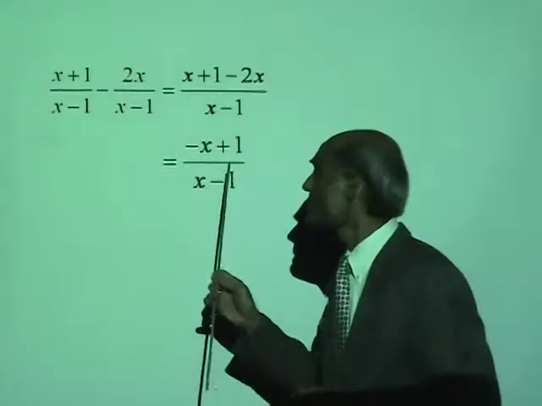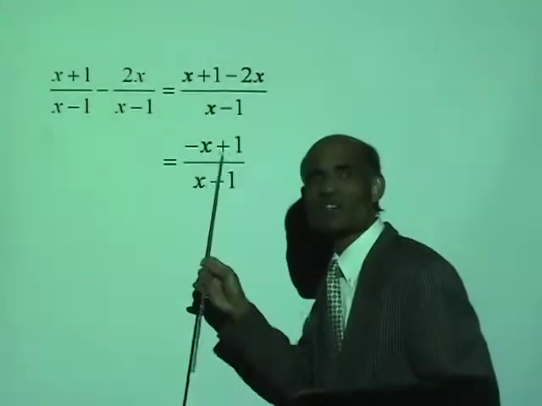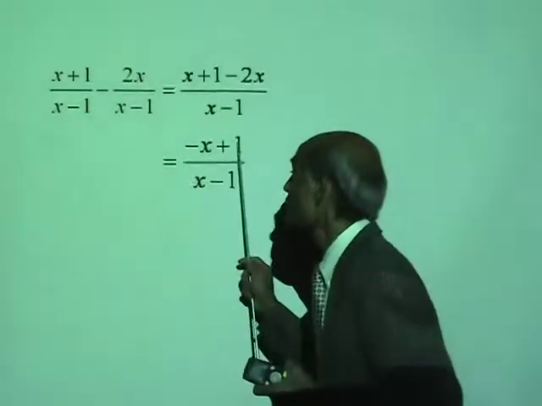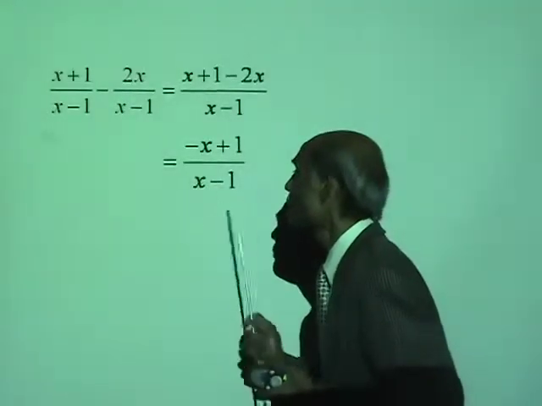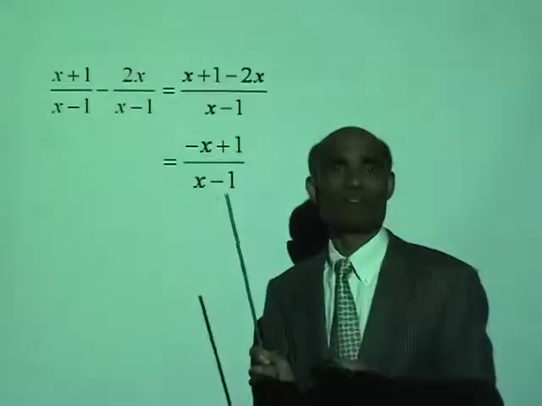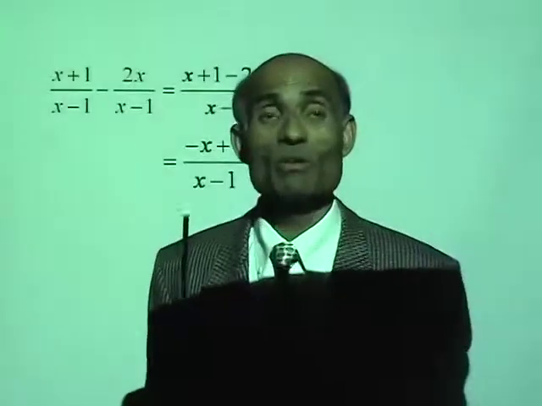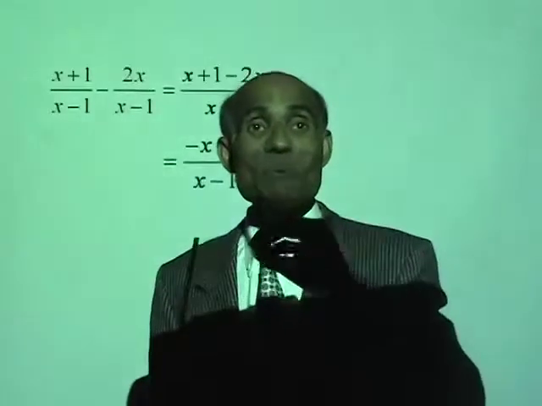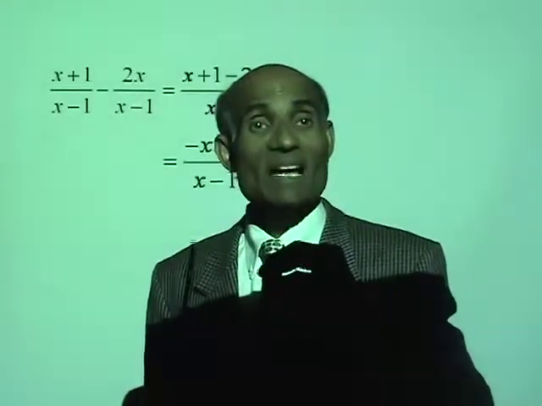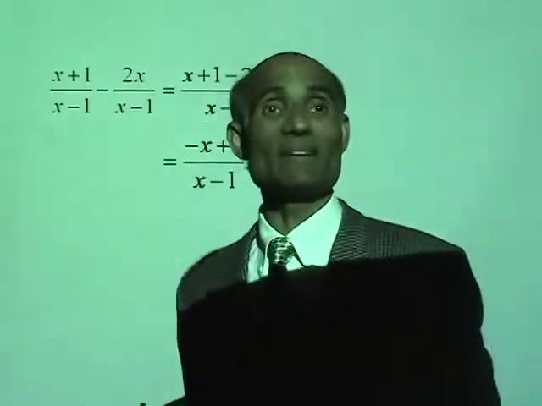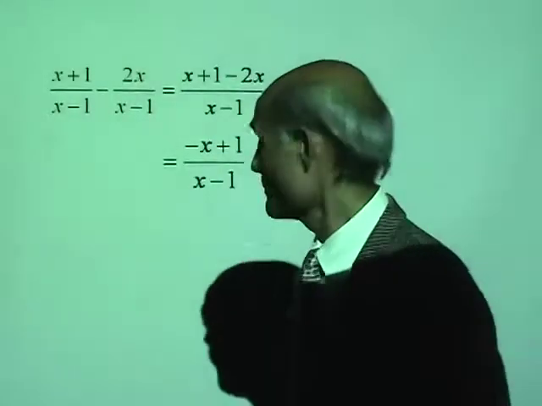Now, does it sound familiar to you? Negative x plus 1 and x minus 1. Do you remember that we said earlier, some time ago, that a minus b can be written as negative of b minus a. Alright?